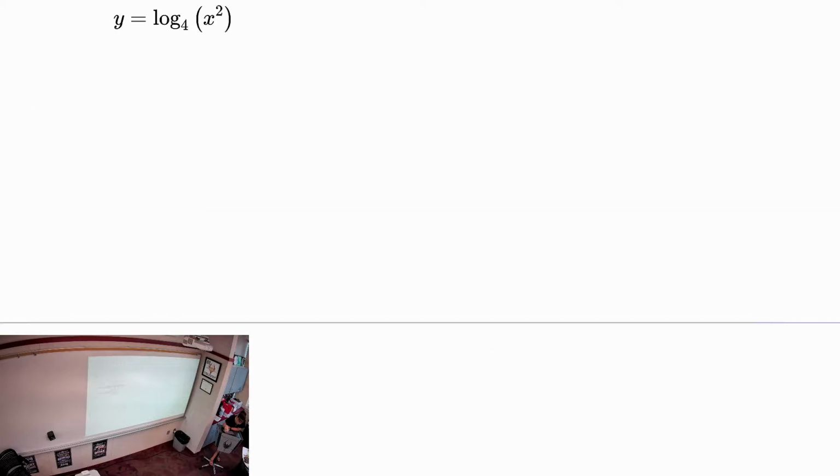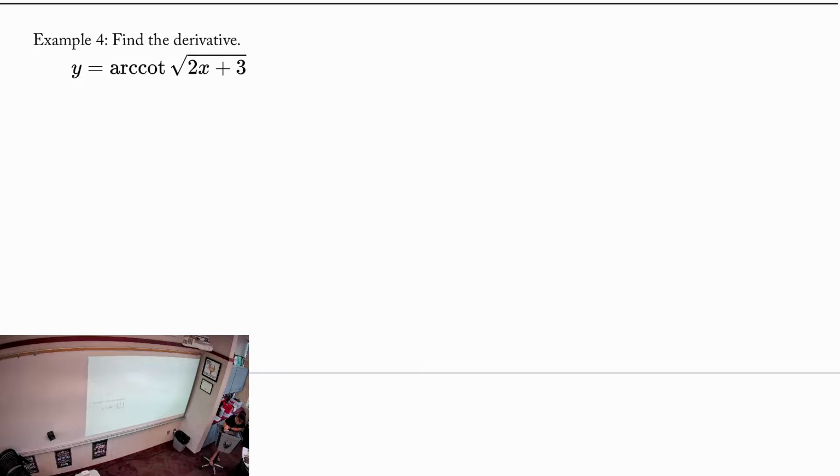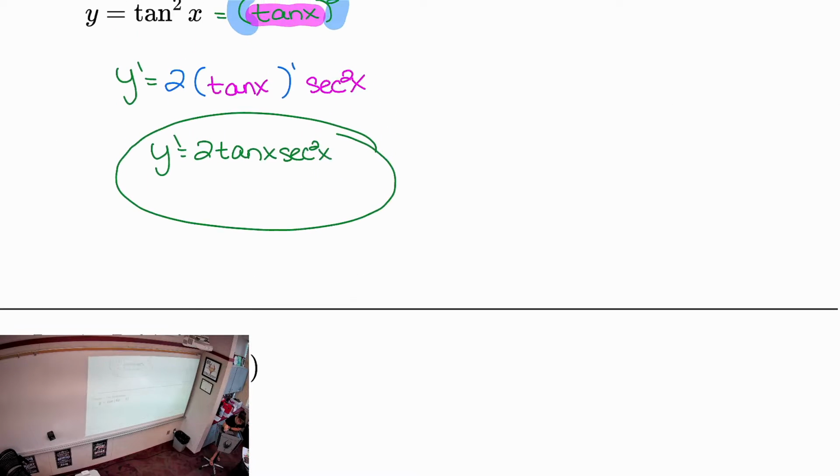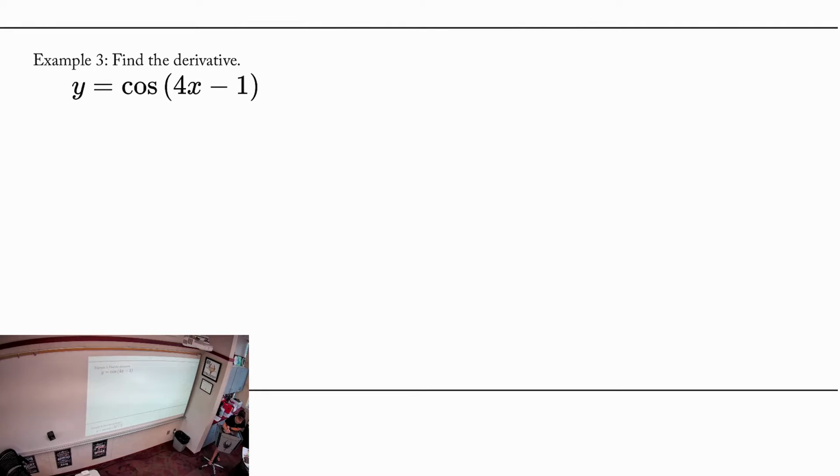So we have a lot of examples. Try to slide this right. Alright, your outside function is cosine. Your inside is the 4x minus 1.